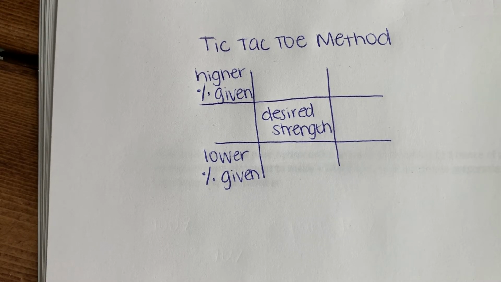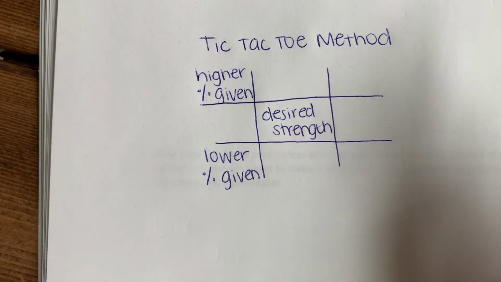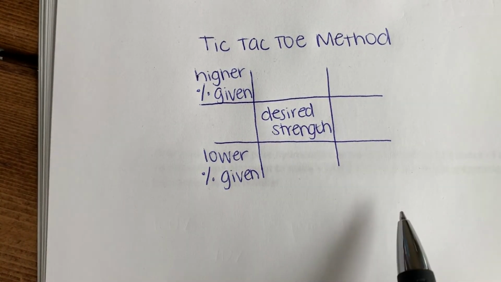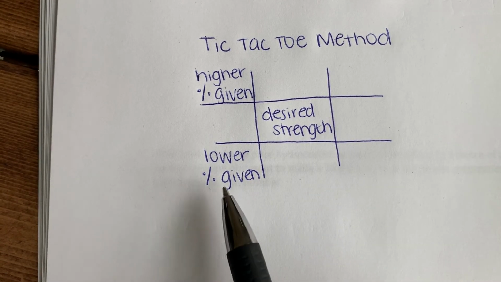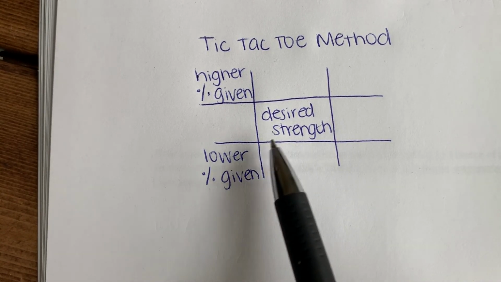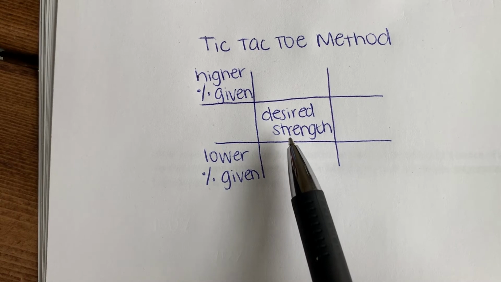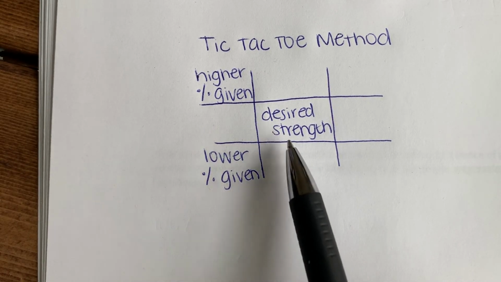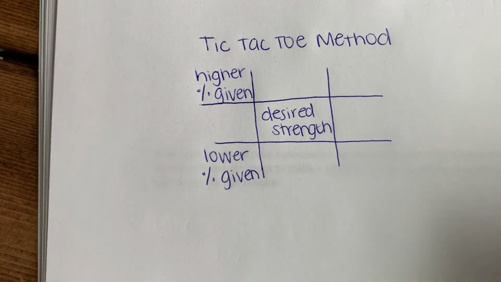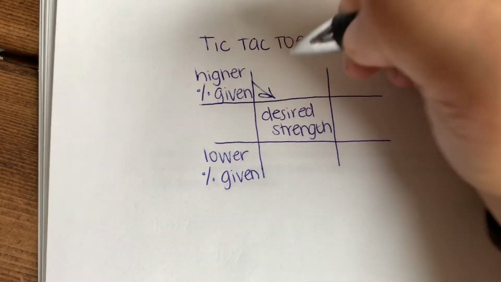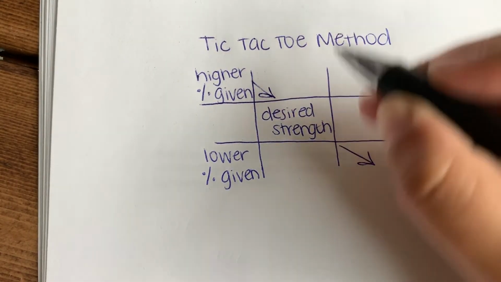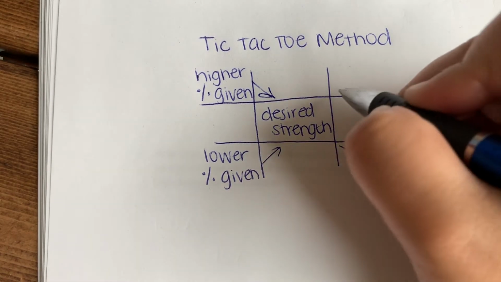And what you're going to do is you're just going to go ahead and subtract diagonally. So you're going to subtract the lower percent from the desired strength and the higher percent from the desired strength. So going in this direction and in this direction.